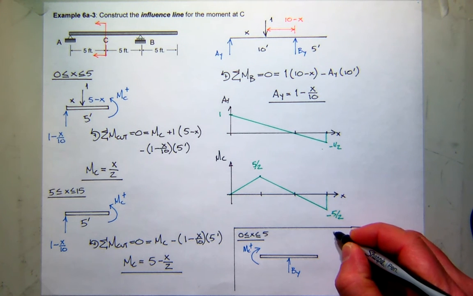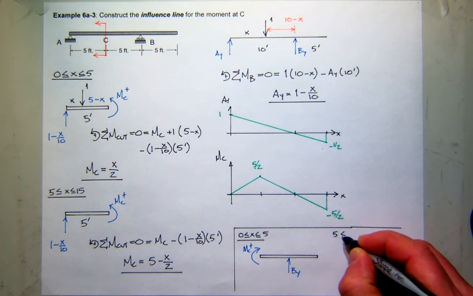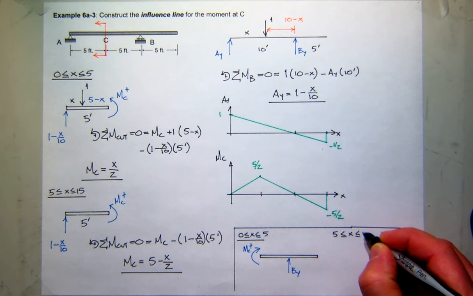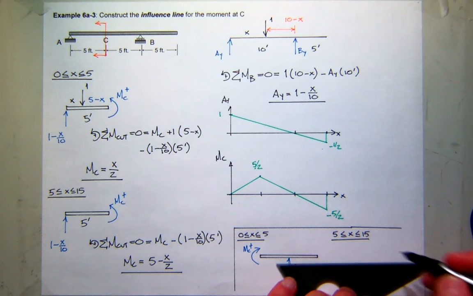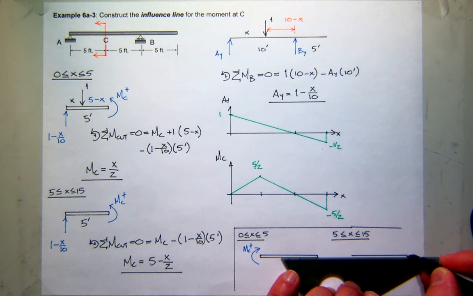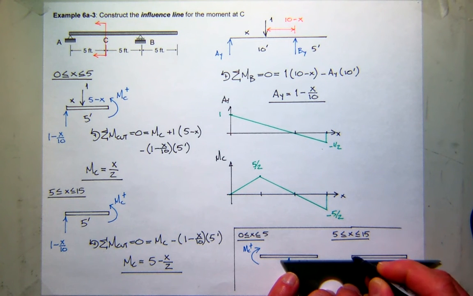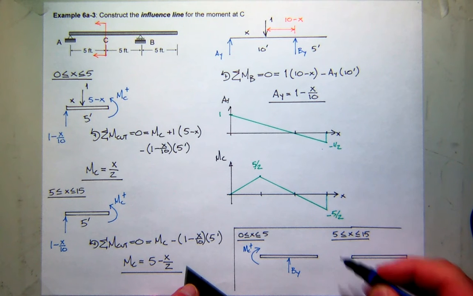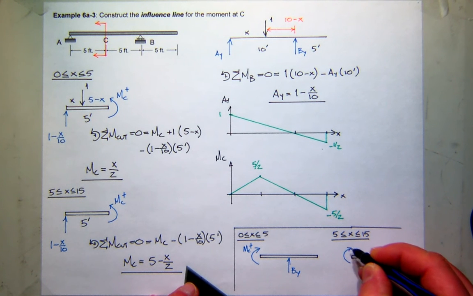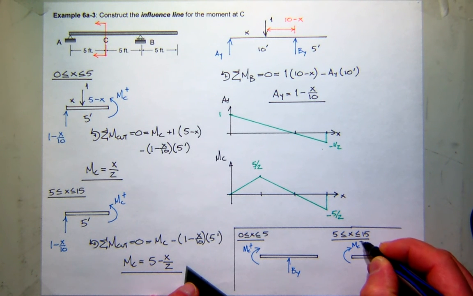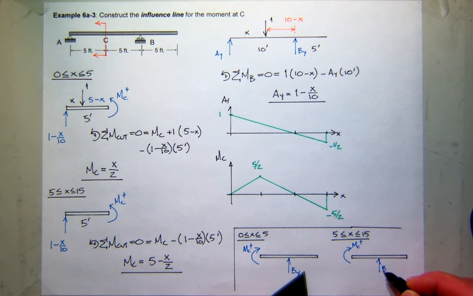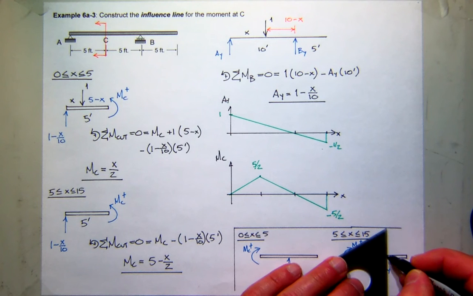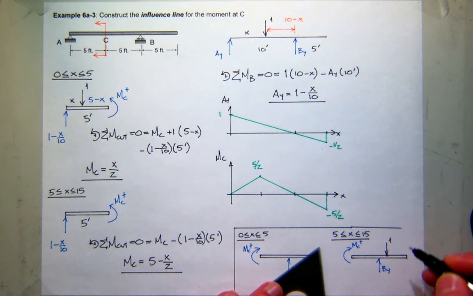The second case, when the unit load is now between 5 and 15, your free body diagram looks like this. This is still the moment at C. This is still the reaction By, but now the unit load would show up.